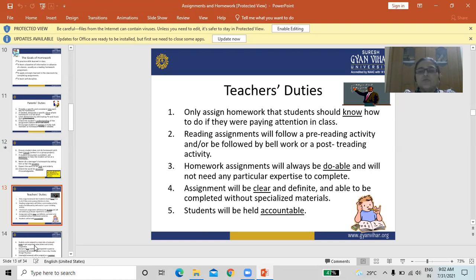Assignments will be clear and definite, and able to be completed without specialized materials.